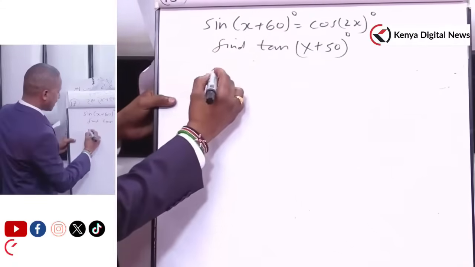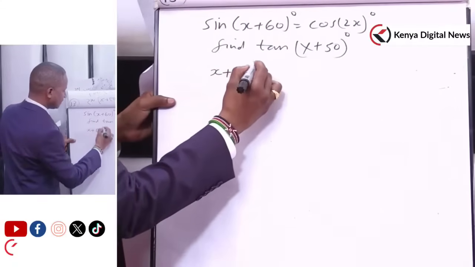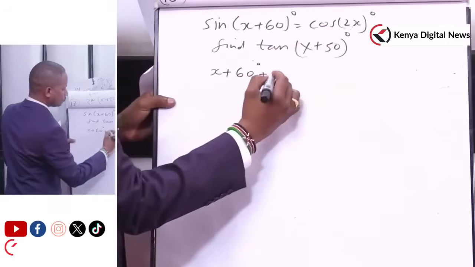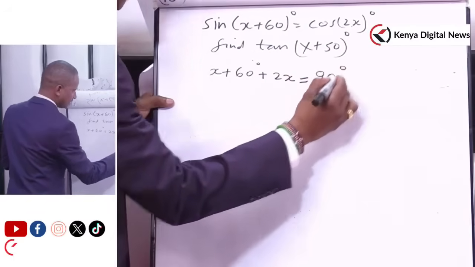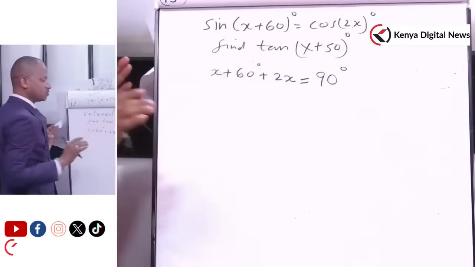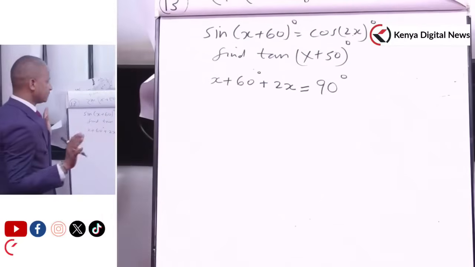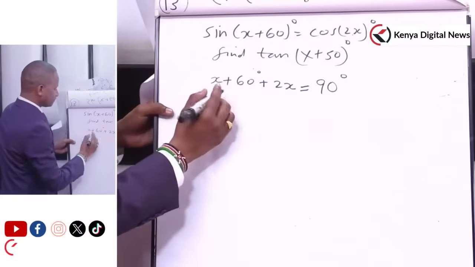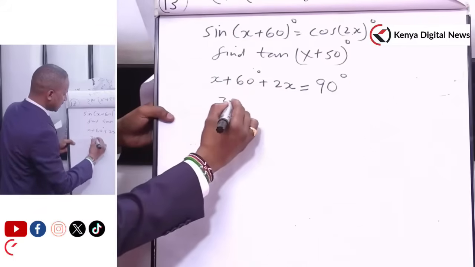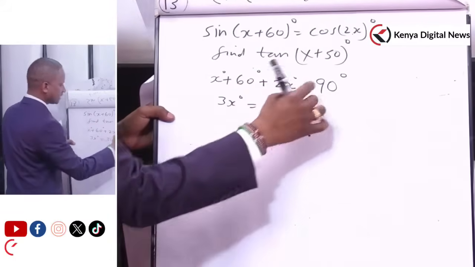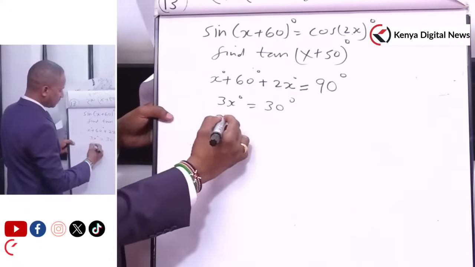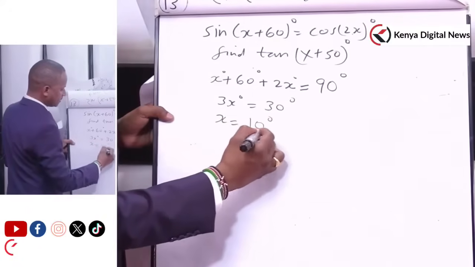So when you take x plus 60 degrees plus 2x, these angles equal 90 degrees. Therefore, 3x equals 30 degrees, 90 minus 60. So solving for x gives 10 degrees.